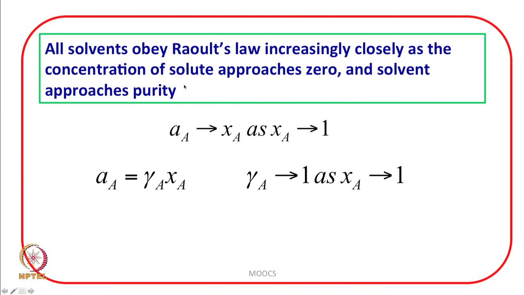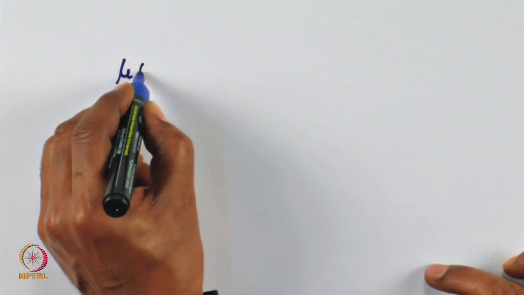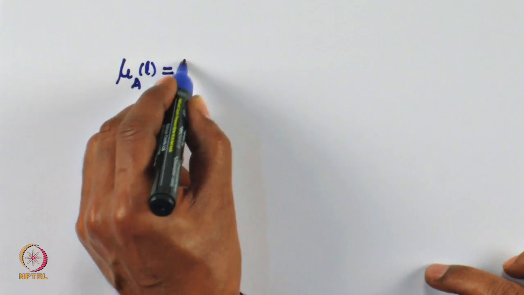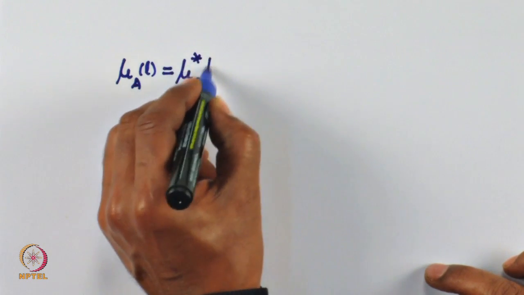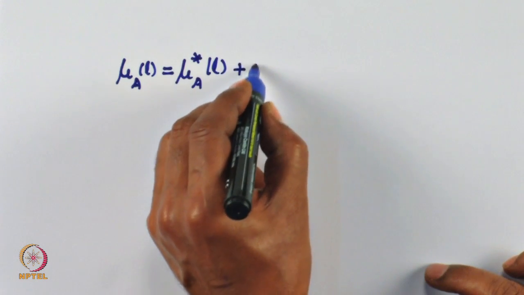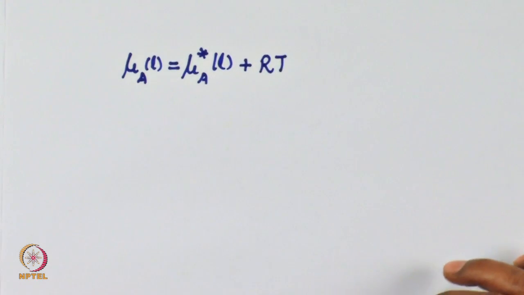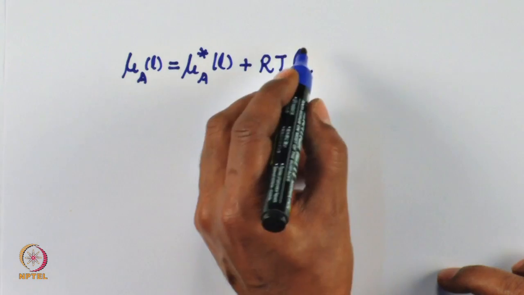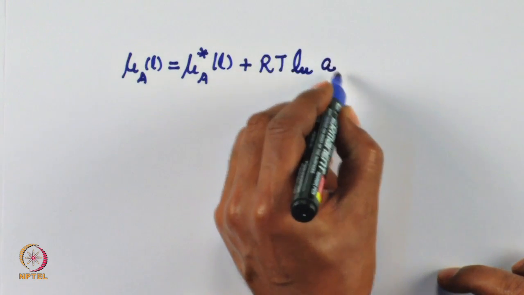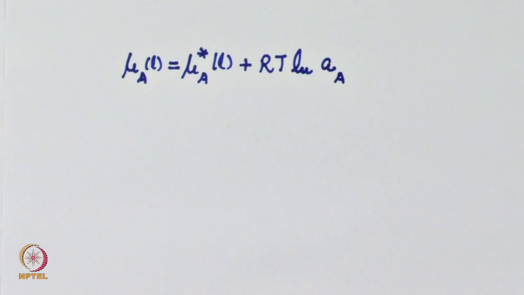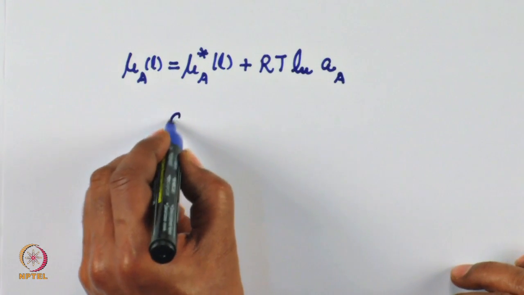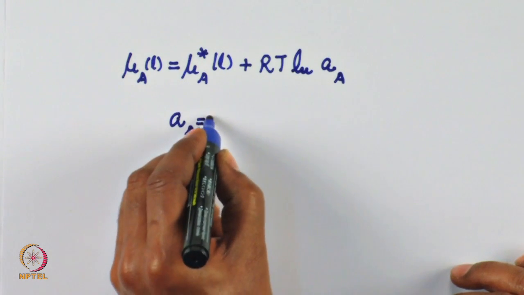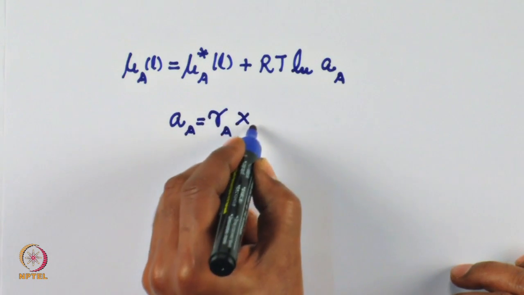And since we had earlier discussed that the chemical potential of A liquid is equal to mu A star plus RT log activity of A, and as we just discussed, the activity of A is equal to activity coefficient times mole fraction.